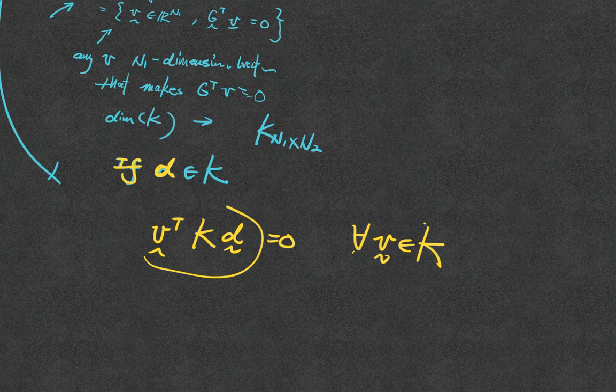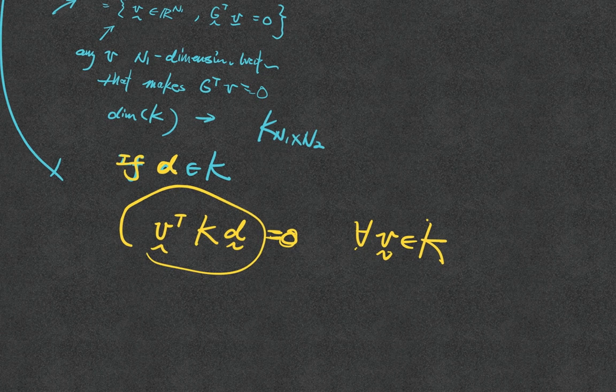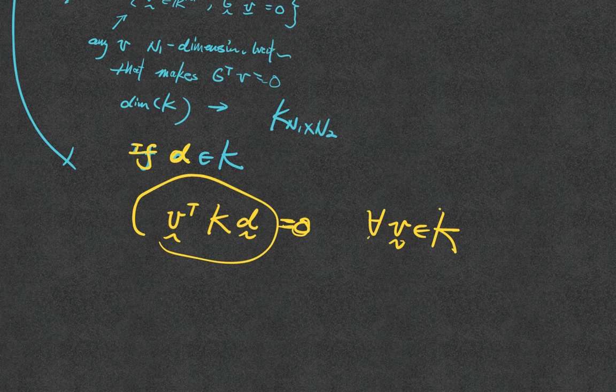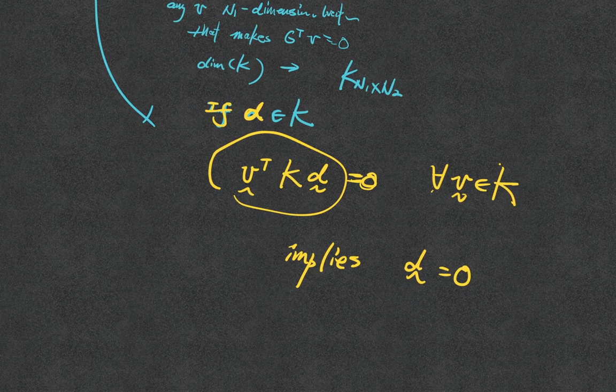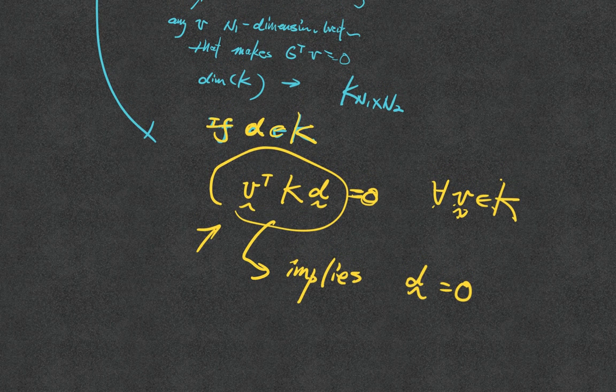What we want is for V^T K D equal to 0 to imply that D itself can only be 0. Do you get this?